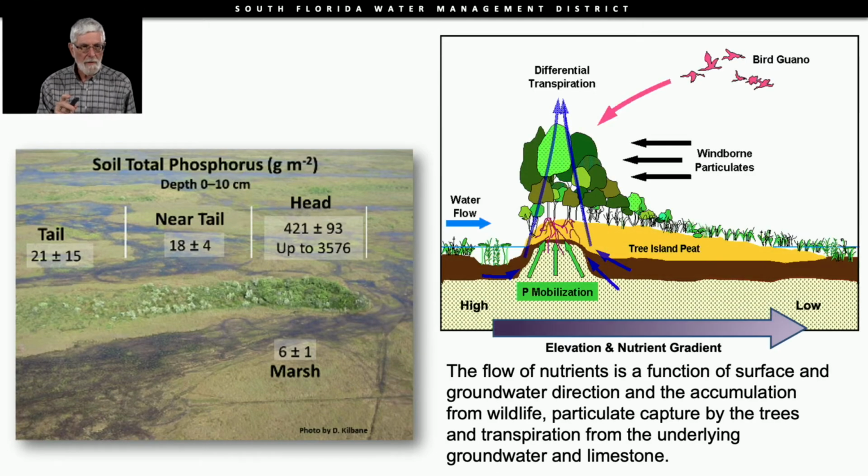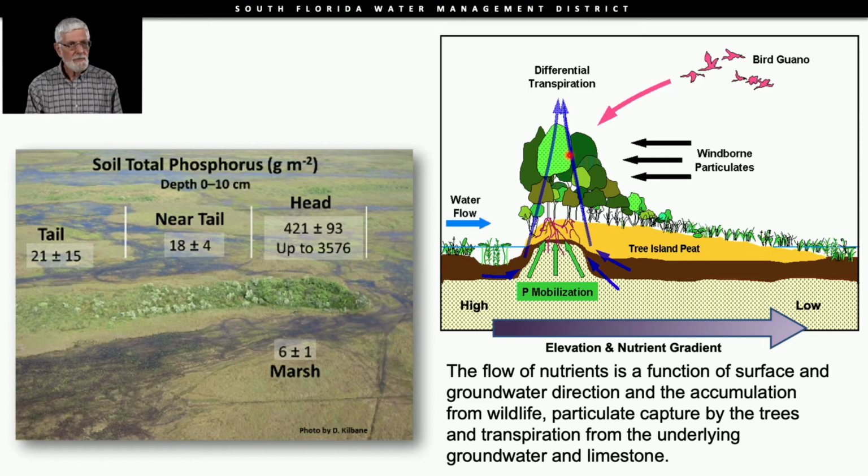There are a number of ways that it does it. And the one way that is probably most responsible for removing phosphorus from the surrounding environment is below ground mobilization and the differential transpiration of the trees to pull water from the surrounding sloughs through the porous rock up into the trees.